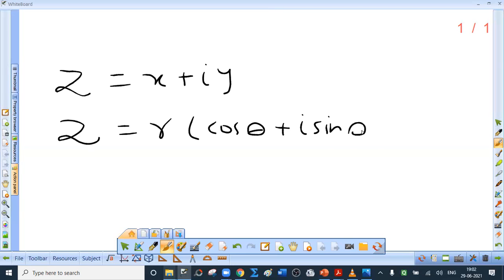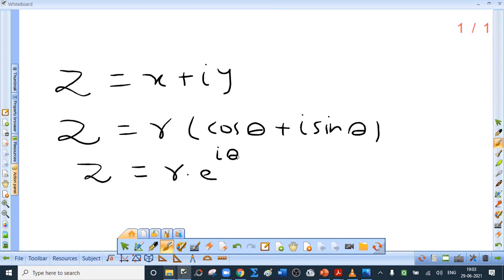We have just discussed this. Now I write this as z equal to r into e raised to i theta. You have to remember this without proof, that this is the exponential form.